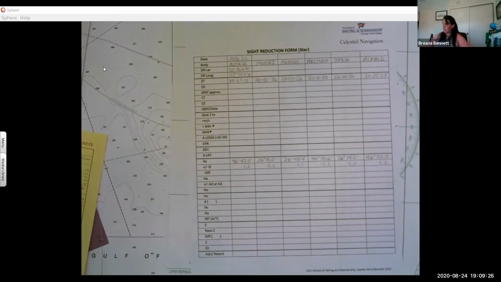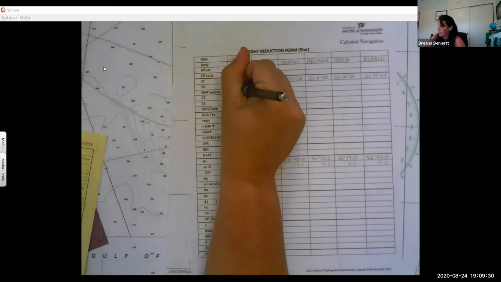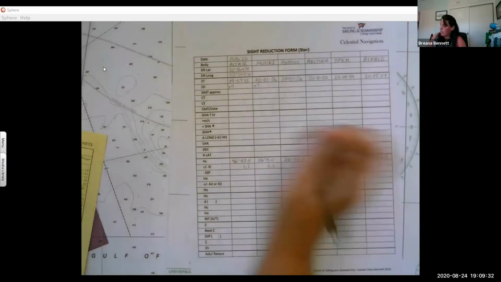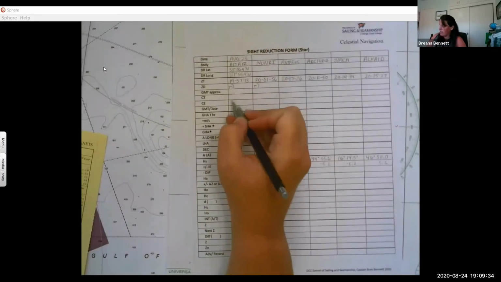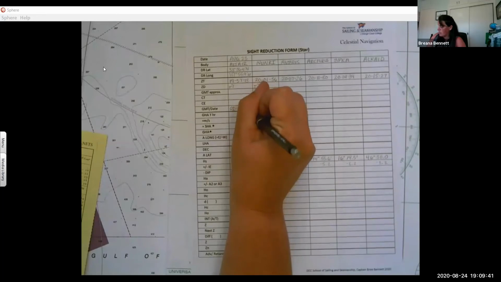Get comfortable here. We have our zone description +7. So to get our GMT time, we are again at 02, 57, 13, and that's on the 24th.